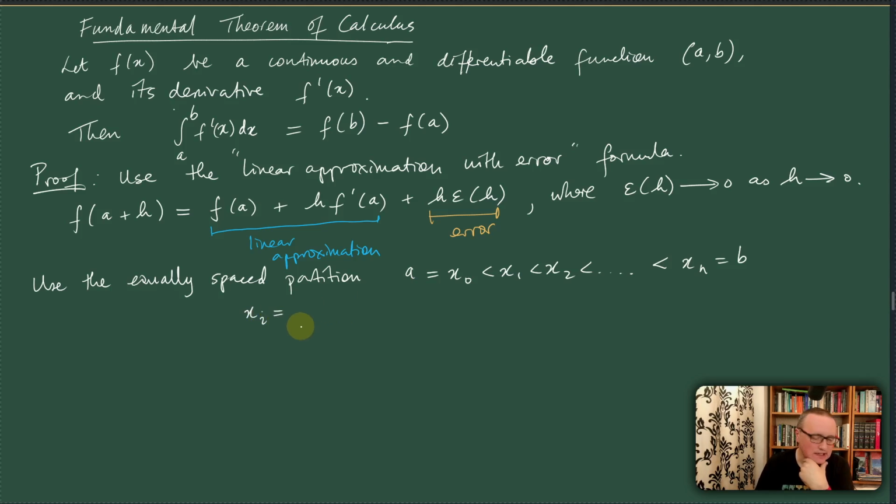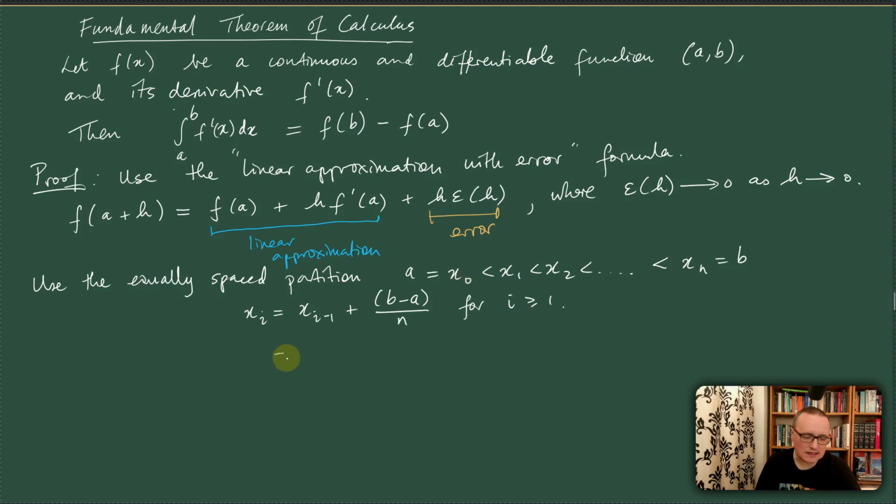The intermediate point xi is the previous point xi minus 1 plus an increment, and you take 1/n of the distance between b and a, and that's for every value of i bigger than or equal to 1. So this is the equally spaced partition between a and b.